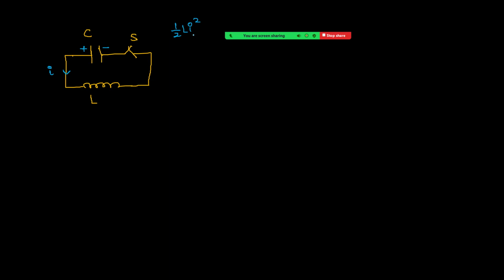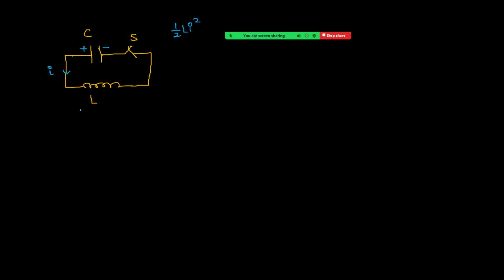So when current becomes maximum, there is no charge on the capacitor, right? So next, this energy is given to the capacitor, and when charge becomes maximum, the energy stored in the inductor becomes zero. Okay. So let us do one thing before making these conclusions.